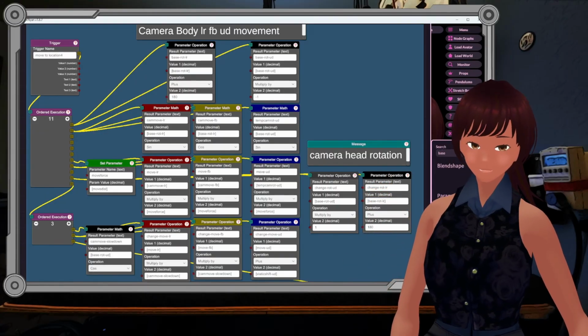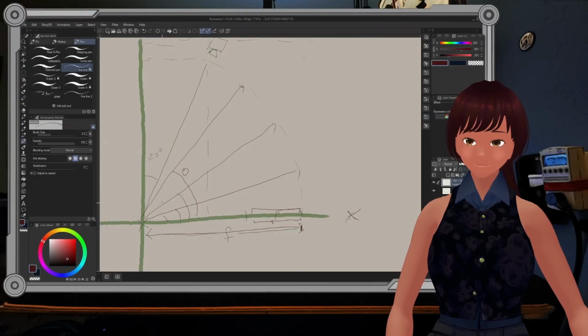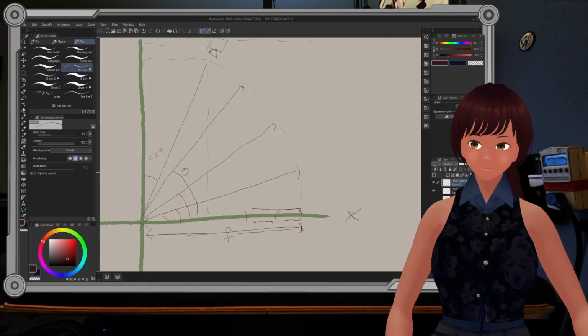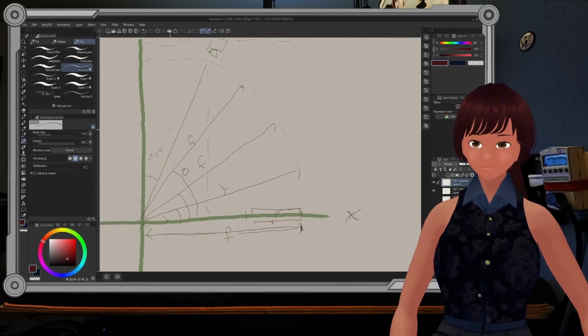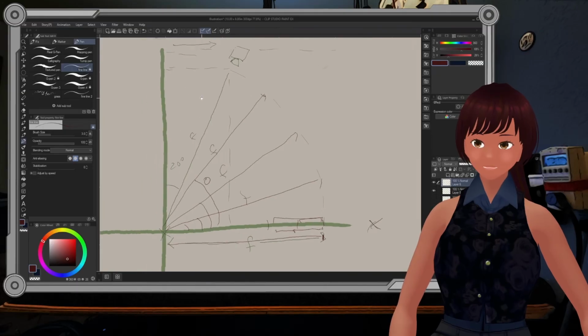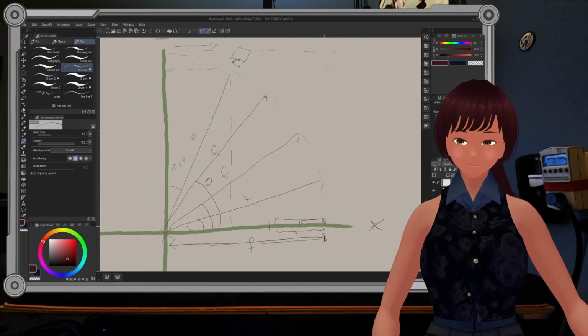Let me show you that also. So each of these arms is the same length, no matter what degree we're at. This is F, this is F, this is F, and this is also F, all the way up to here. There's the same force, right?